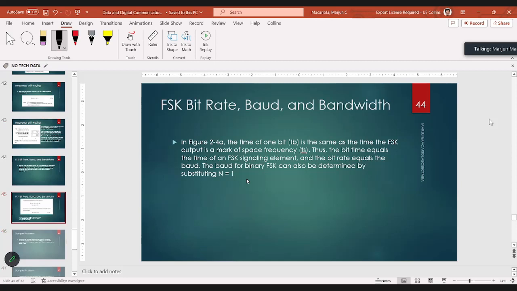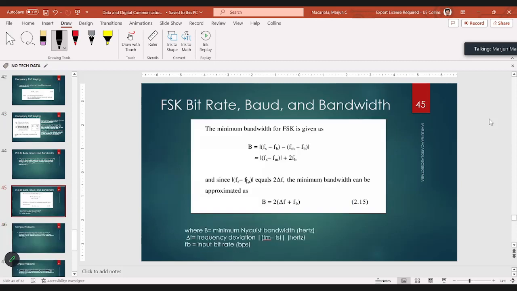To be able to find the bandwidth of FSK, we have the formula of the absolute value of the difference of space frequency minus input bit rate minus the mark frequency minus the input bit rate, which is just equal to the WB.